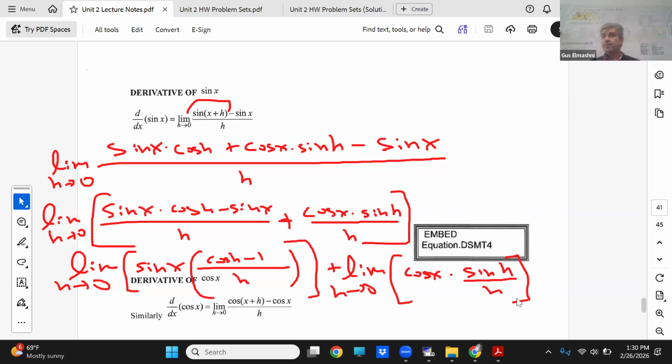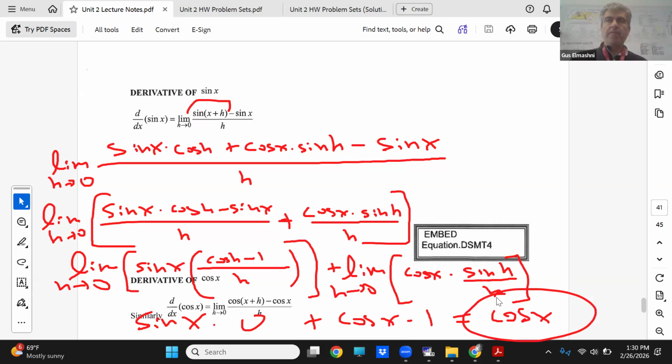Okay, so far so good. You see I factor out sine x from the numerator in that first fraction, the second line: we have sine x times cosine h minus sine x, all over h. Then we verified that cosine h minus 1 over h is what? Well, 0, right. So you have sine x times 0 plus cosine x times 1. And what are you left with? Cosine x.